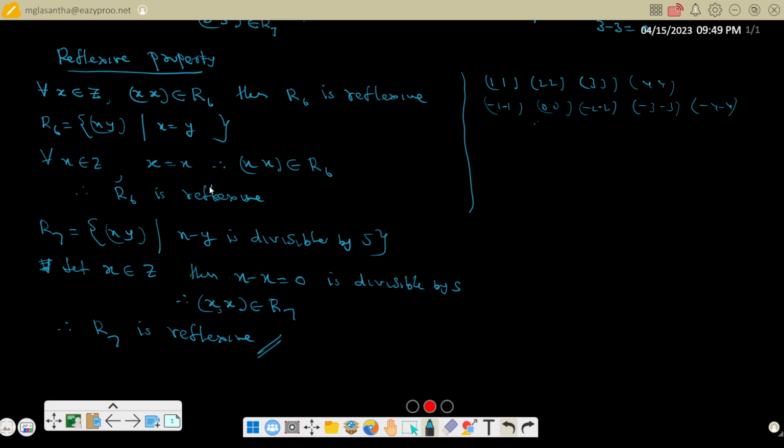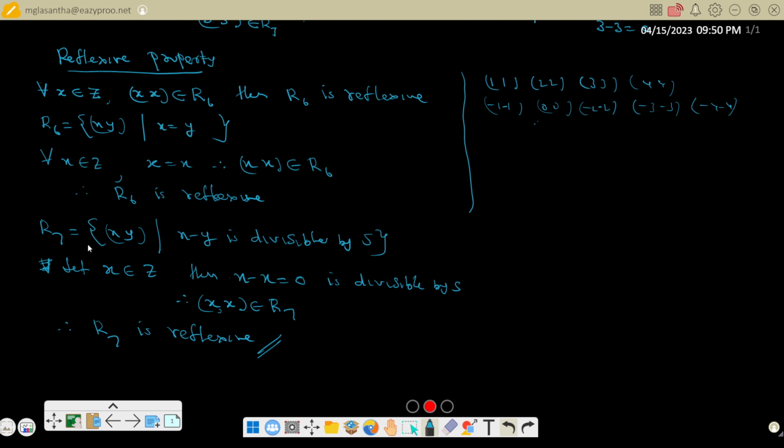So keep in mind, you might definitely get this question: x minus y is divisible by 7, or sometimes we say modulo 7, modulo 5. x equals y modulo 5.